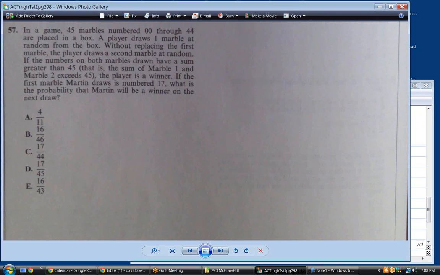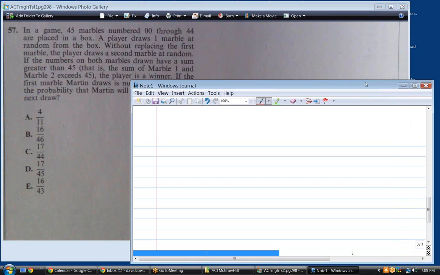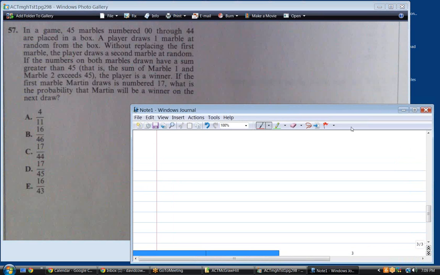So what number has to be on the second ball for him to win? Hold on. In other words, he gets a 17 on the first ball, and he only wins if they have a sum greater than 45. 29.